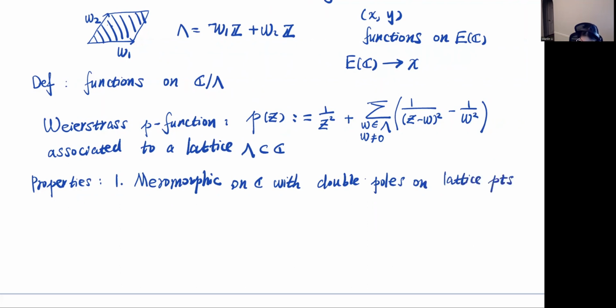For example, it has a double pole at 0, and it has a double pole on every lattice point.